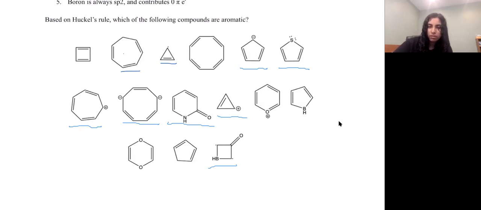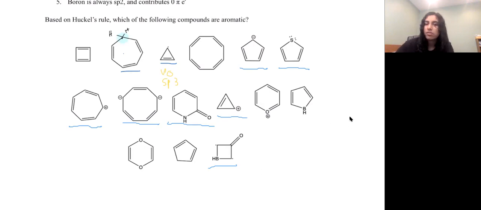Okay, I think it's mostly good, but I think there's one missing, and then a couple that are not aromatic. So these two up here, in this heptane, you have an sp3 carbon up here because it has 2 hydrogens attached to it. That is going to break the conjugation and it's no longer aromatic.